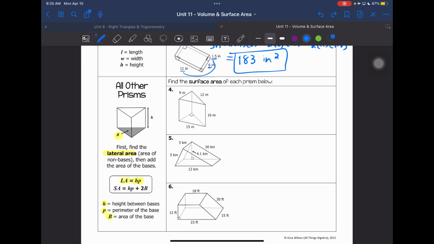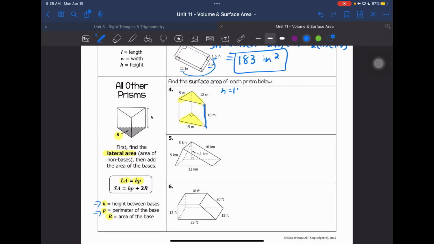So let's start on number 4, and we want to identify what these would be first. What is the height of this shape? Well, the way that you can always identify the height is whatever line connects your 2 bases. Since our bases are this triangle and this triangle, the line that connects them is this one.